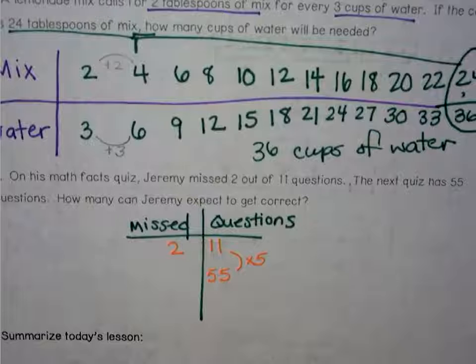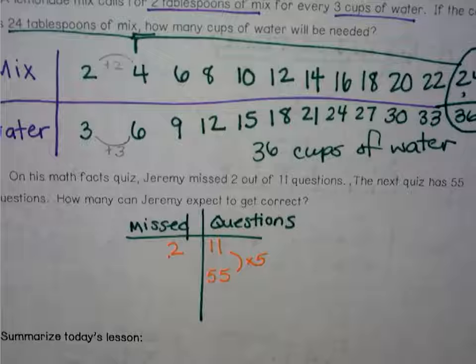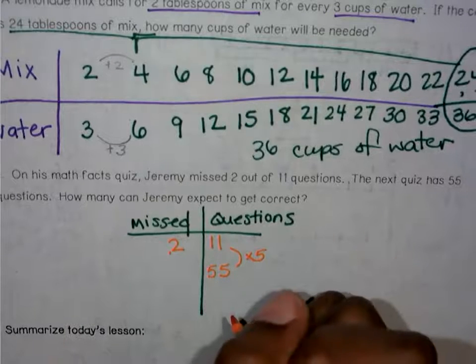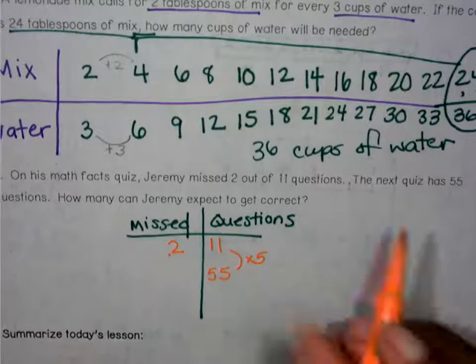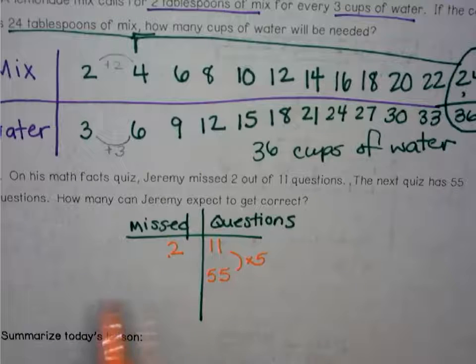All right. So now you have to think about what is equivalent to 2 out of 11, thinking about fractions, equivalent fractions.